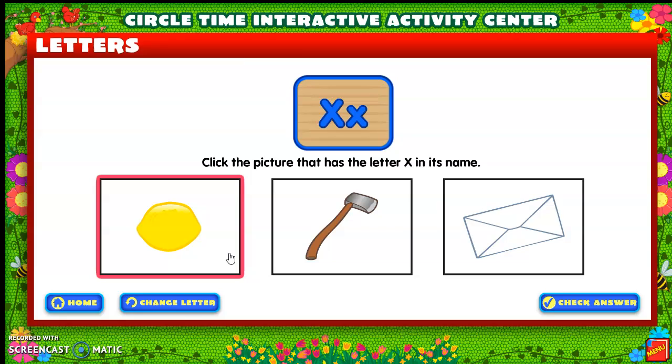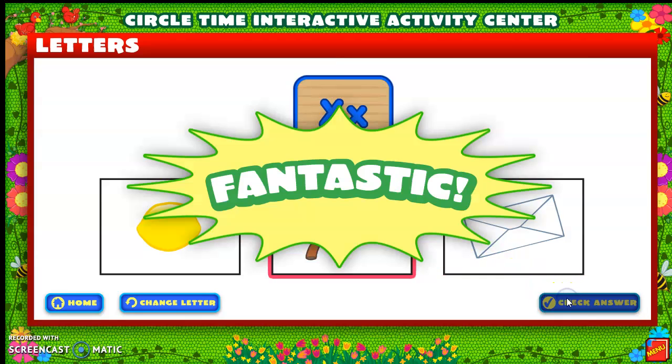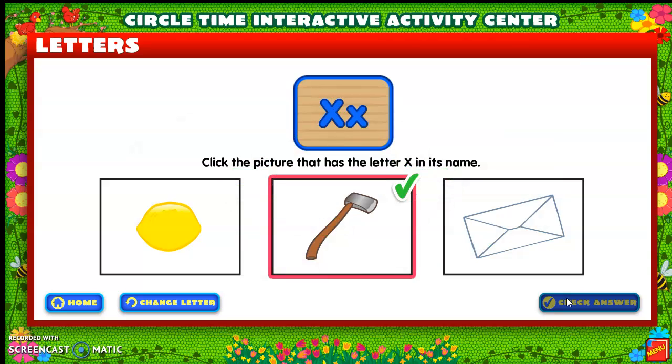Ooh, I think you are right if you said the letter L. Awesome. Let's take a look at this one. Axe. Listen carefully. Do you hear that X sound? I do too. Let's check our answer. Fantastic! Axe has the letter X in it.